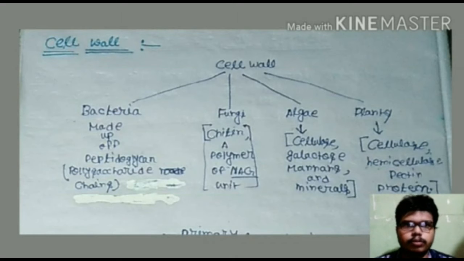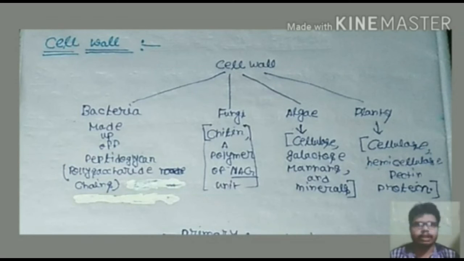Now we will discuss some features of the cell wall. If we look at the diagram, I have shown that the cell wall is found in 4 types of cells: bacteria, fungi, algae and plants. In bacteria, the cell wall is made up of peptidoglycan. This peptidoglycan is a polysaccharide formed by a combination of NAG and NAM.